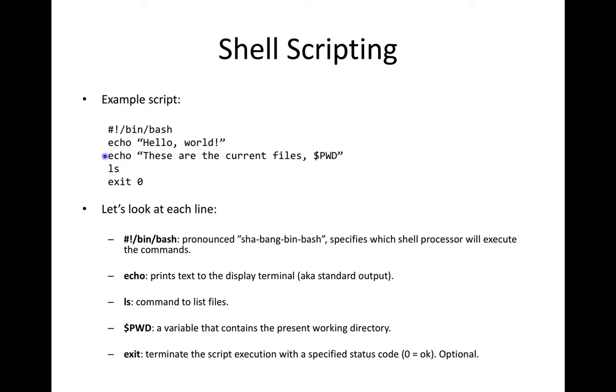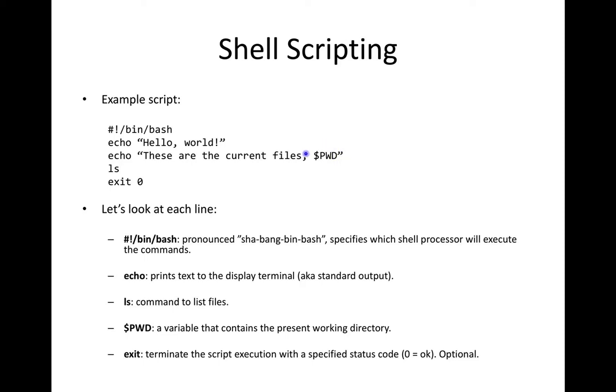And then the next line is another echo line. Again, echo is like a print command. In this case, it's going to echo out, these are the current files, and then it has this sort of strange looking $PWD.